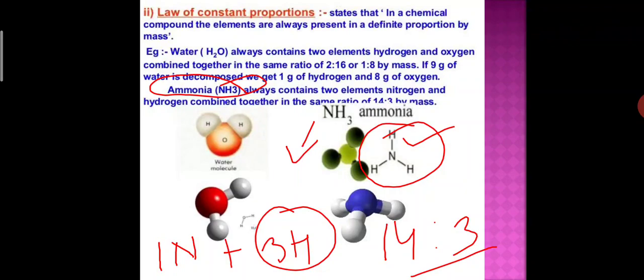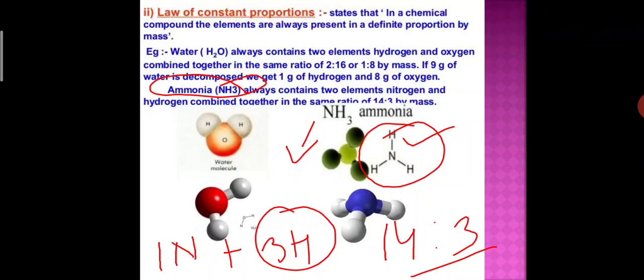For water, the ratio of hydrogen and oxygen is 1:8. In the same manner, if you find the carbon dioxide or any other compound, they always follow the law of constant proportion.